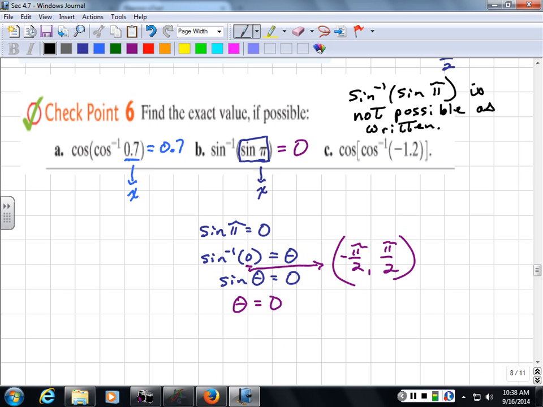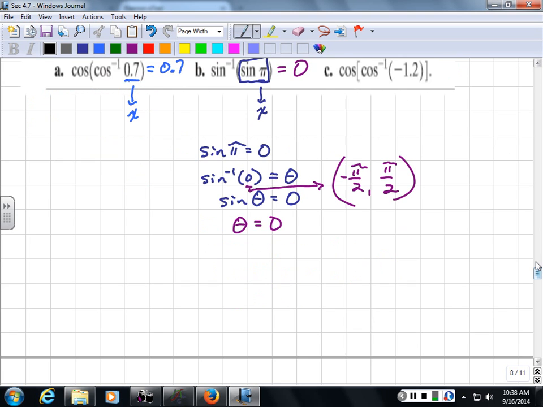So let's go ahead and find the cosine of the inverse cosine of negative 1.2. You guys tell me what you think that is. Yes. Why is it undefined, Jesse?